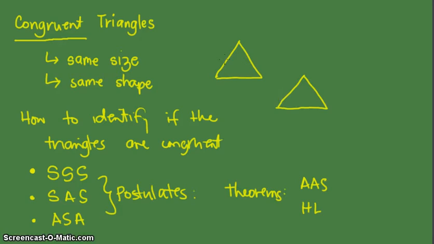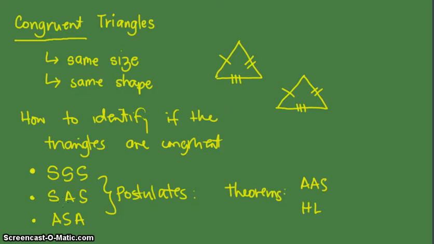So what do I mean by that? If this side is equal to this side, and this side is equal to this side, and this third side is equal to the third side of the second triangle, then by SSS, the two triangles are congruent.